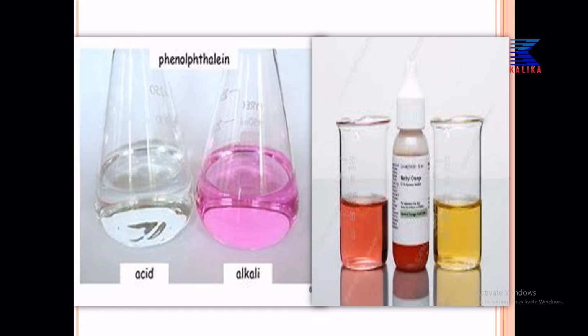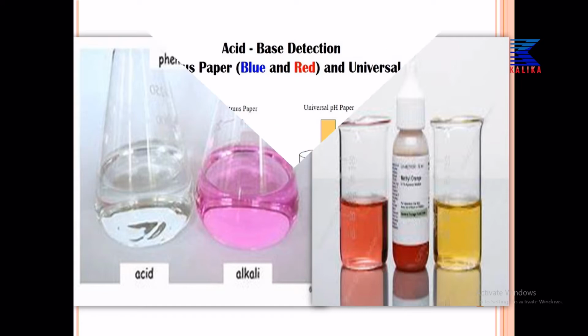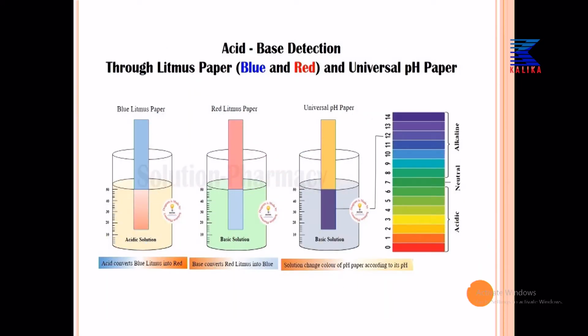You can see in the round bottom flask that the color of alkali is changed into pink due to the presence of phenolphthalein, whereas the color of acid does not change. Similarly, in the next figure, methyl orange is another type of indicator. It indicates whether the given substance is acid or base: red in acid and yellow in base. So it is easier to identify the given substances.